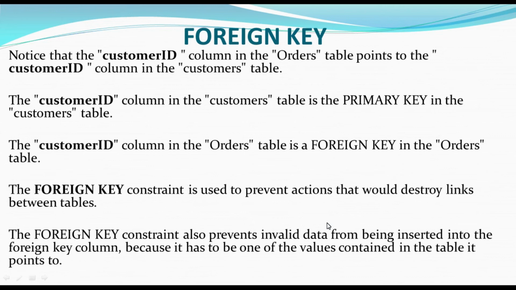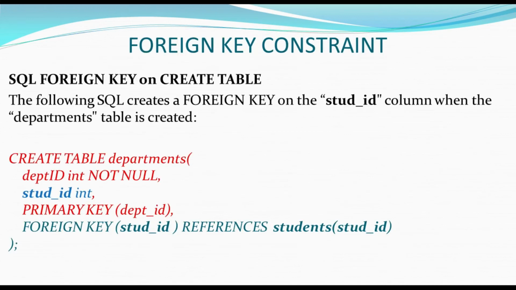Or there are other constraints that you can set, like on delete cascade, which we will talk about later on. Right, so this syntax is how we create foreign keys.